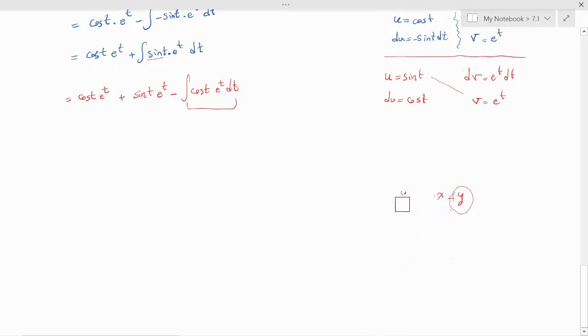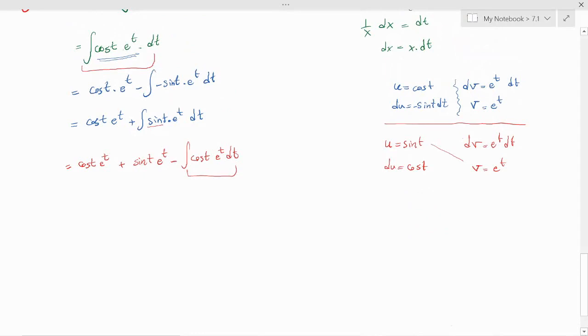So here, if you look at where we started, we started with the integral of cosine t e to the power t dt.